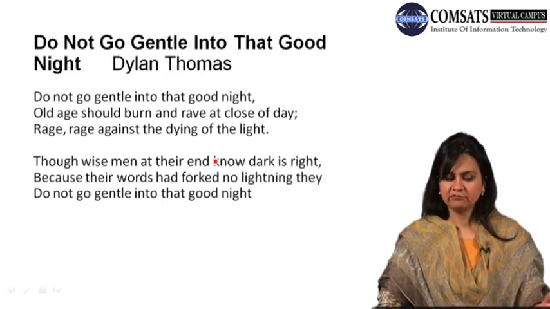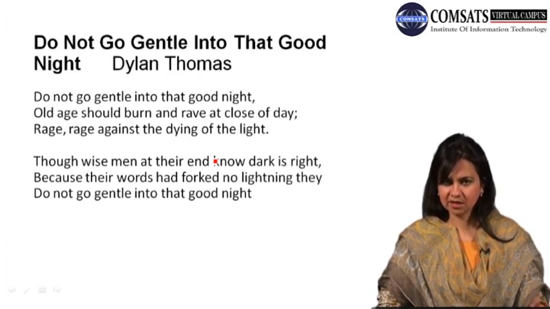So we have identified that from the perspective of grammar and syntax. Further, we can highlight that the first sentence of the poem is in imperative mode, as it is a command in which the speaker is forbidding the listener or the reader to accept something quietly or humbly.